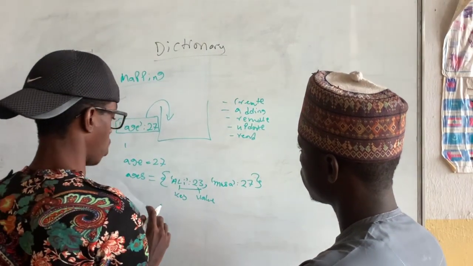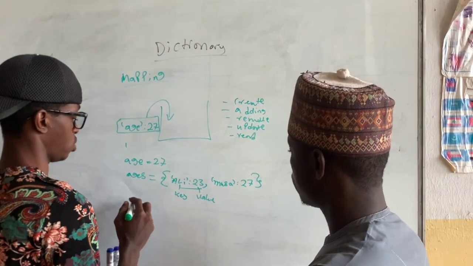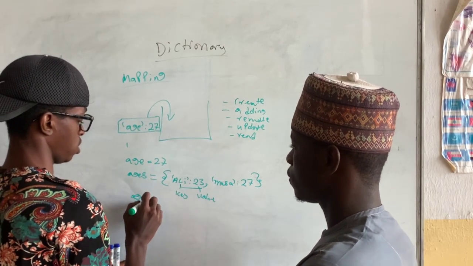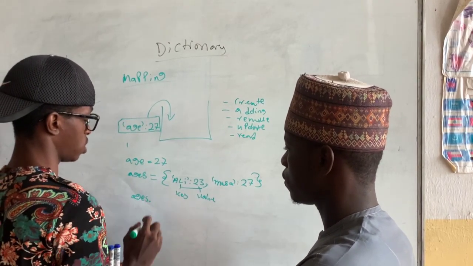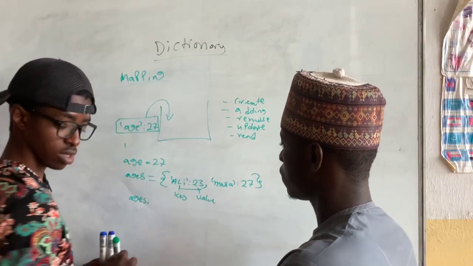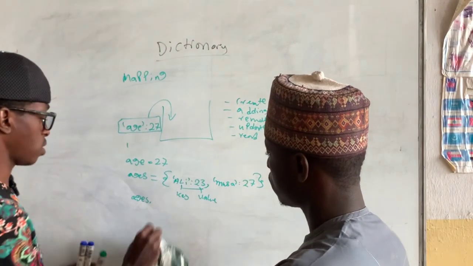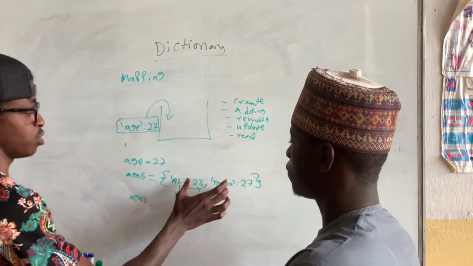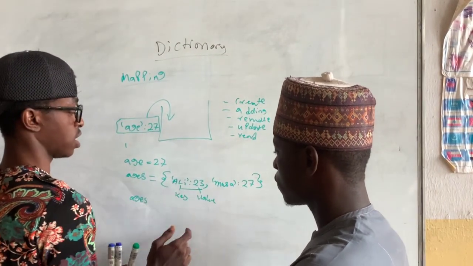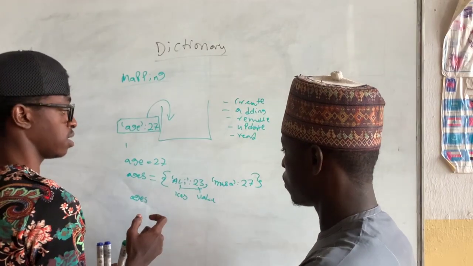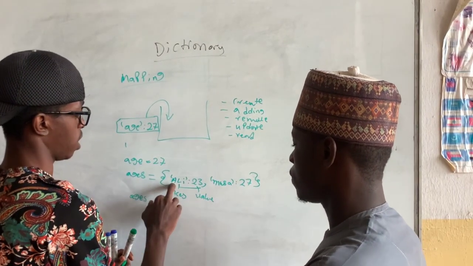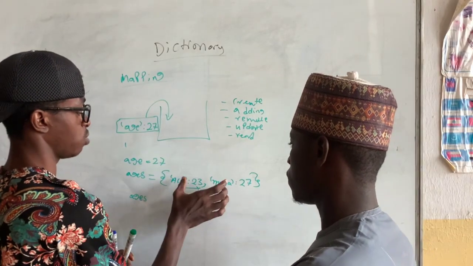And now, how are we going to add an element to it? Adding an element is very simple. You just have to say ages, this is your dictionary, then you say dot. No, this is not how it gets done. Every key has to be unique inside a dictionary. Did I mention that? Get this in your mind that every key in a dictionary has to be unique.